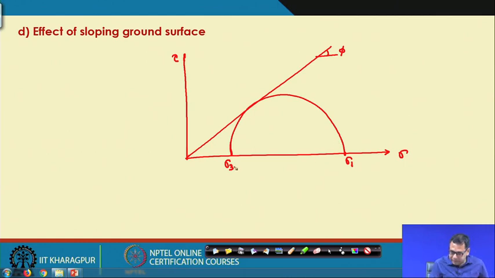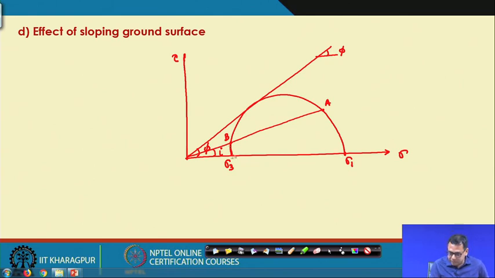Now we can draw this line phi. Now we are drawing a line which makes an angle i, because that is the inclination of the backfill. This line passes through points A and B on the Mohr circle.